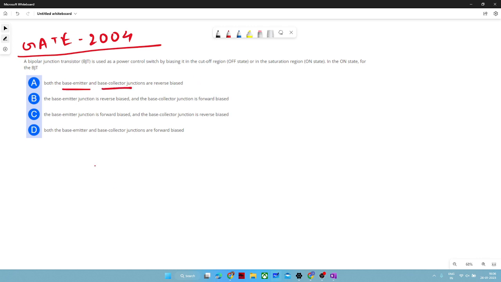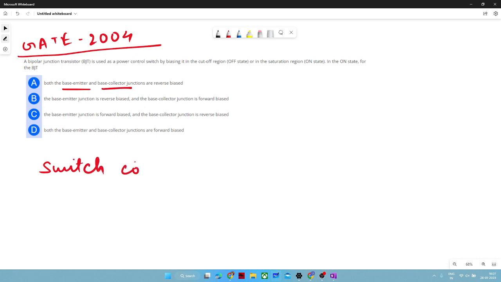So first of all, to operate any switch or any power transistor as a switch, its base emitter and its base collector junctions both should be forward biased, so that it can operate as a switch, right? And it will operate in saturation mode.